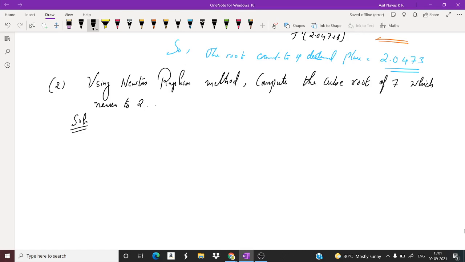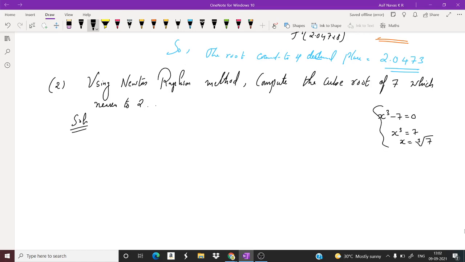Okay, so what is actually cube root? Cube root of 7 means the solution of the polynomial x cube minus 7 equal to 0. So that means x cube equal to 7, x equal to cube root of 7.